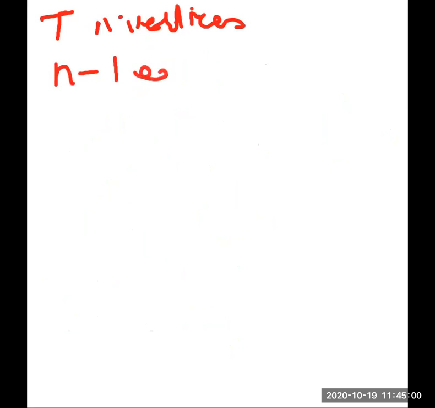A tree T with n vertices has n minus 1 edges. So it's very trivial. A tree with n vertices has n minus 1 edges. Okay, so that's one.